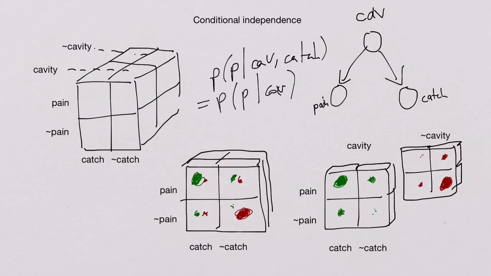Because everything we know about the relationship between pain and catching is because of this other variable, cavity. And this is what gets us all the savings when we do Bayesian inference, and we have this situation between two variables that explains away the dependence between these two variables.